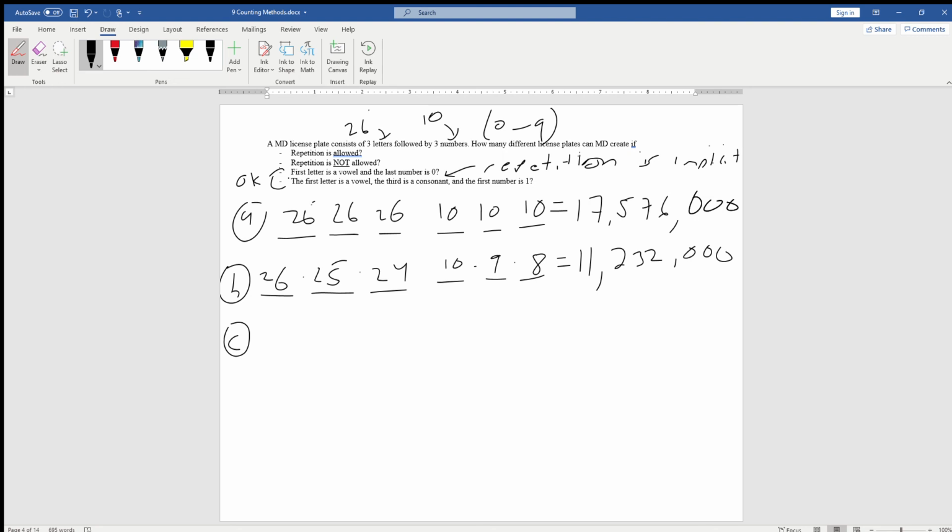So the first letter is a vowel, meaning there are 5 possible vowels, and the last number is a 0. Then we have 26 choices and 26 choices again.